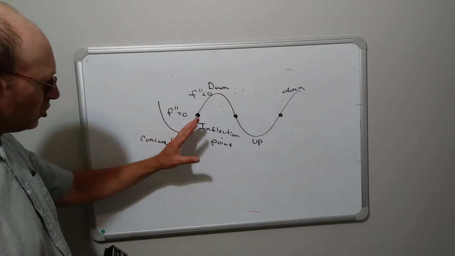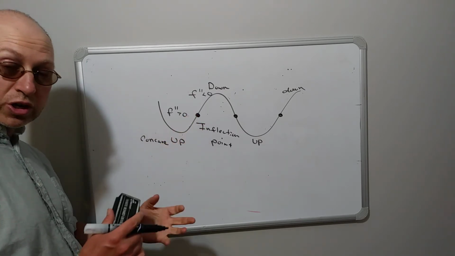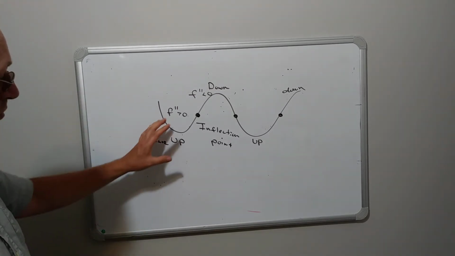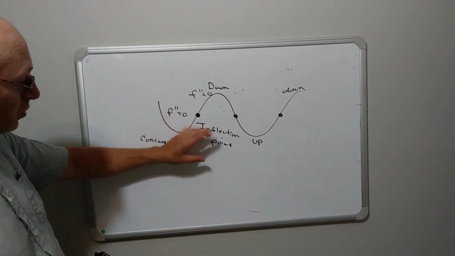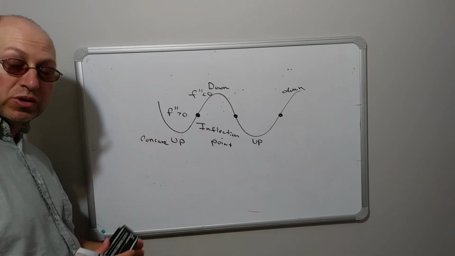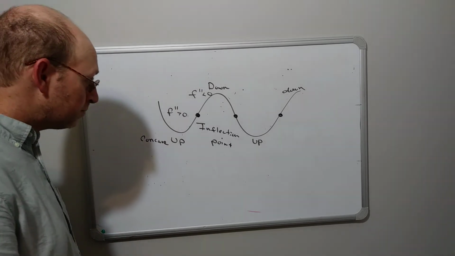So these tests, looking at the sign changes of the first and second derivative, would allow us to figure out inflection points in the second derivative case and local max and mins in the first derivative case.